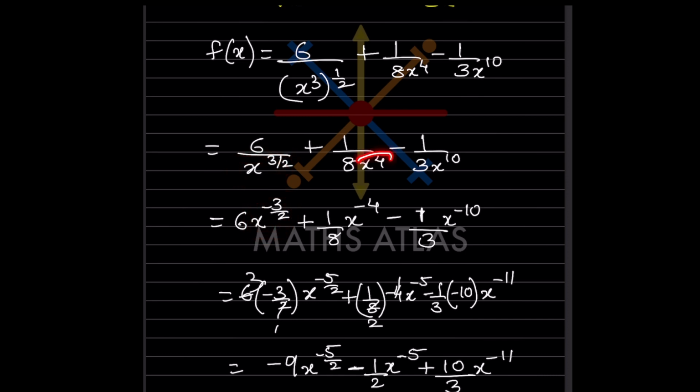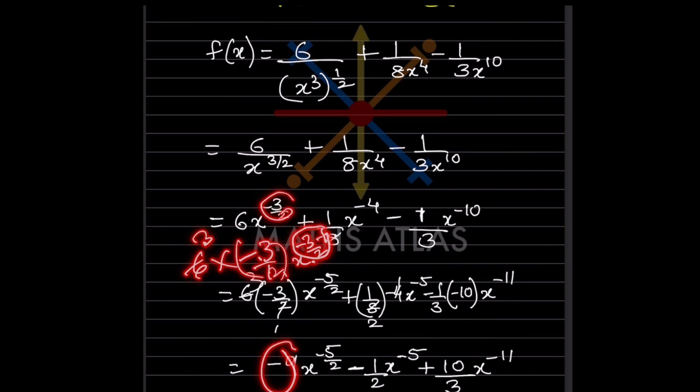If you take this up, it means x raised to minus 4. If you take this up, it means it is going to be x raised to minus 10. This is the same. So now look at here, 6 into, this is minus 3 by 2. And x raised to minus 3 by 2 minus 1. So this part is going to be minus 5 by 2. 2 ones are 2, 2 threes are 6. So that is going to be minus 9 x raised to minus 5 by 2.